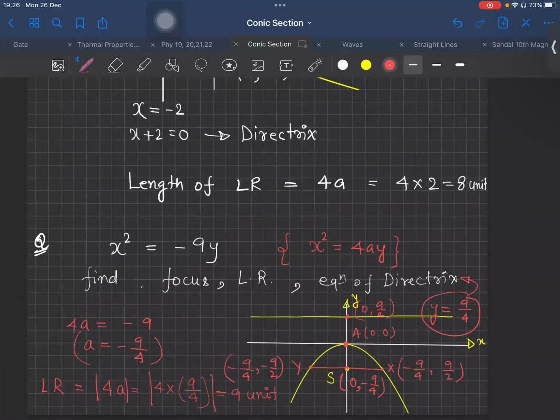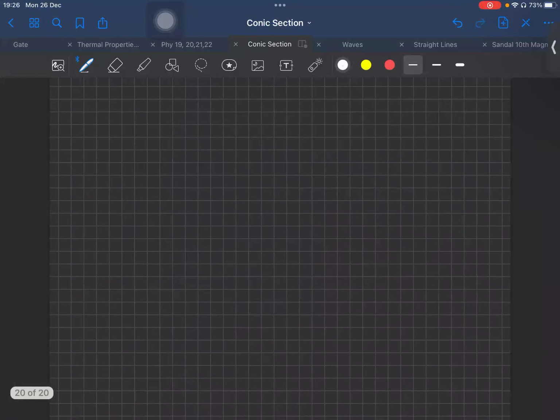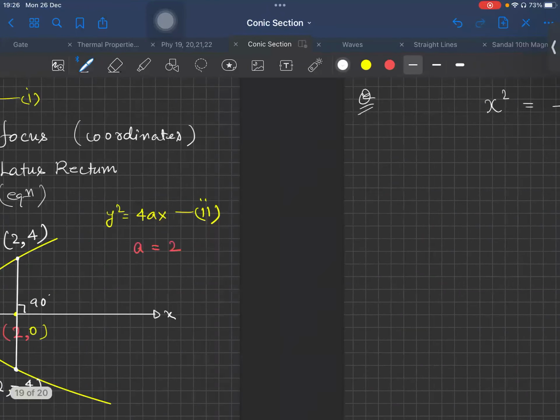Solve one more problem. The parabola given to you is y square is equal to minus 8x. Or do make some changes: x square is equal to minus 10y. Same type of problem.